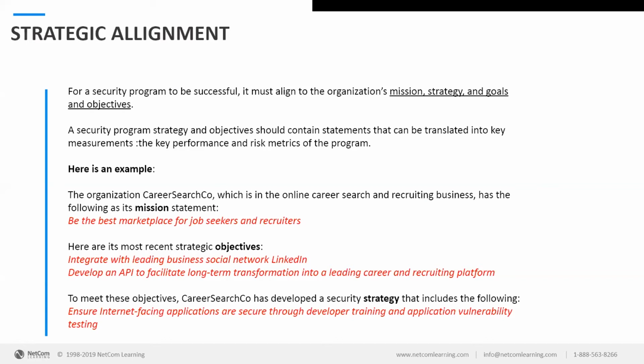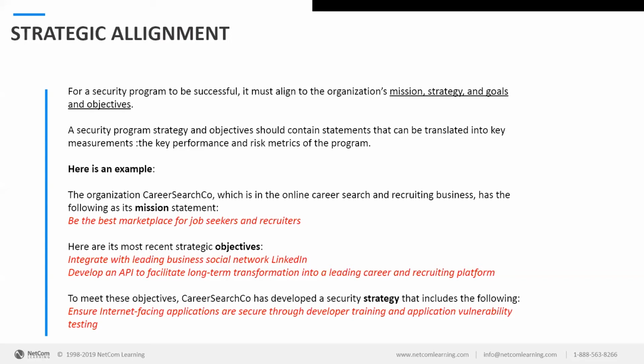And to have this mission and vision happening, I need to have objectives, and I need to create a plan to reach these objectives. So their objectives are integrating with the leading business social network like LinkedIn, developing APIs that can facilitate the transformation from a leading career to a recruiting platform. And they need a strategy to make sure this happens.